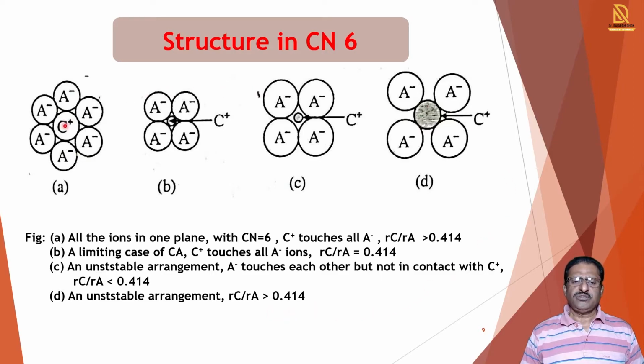So if we see all the cases, the B case is the limiting case, and in that the stability of the complex is more, and in the other cases stability of the complex is less.